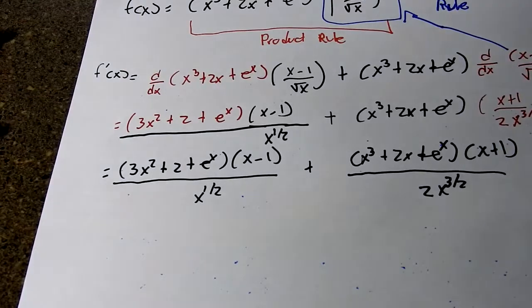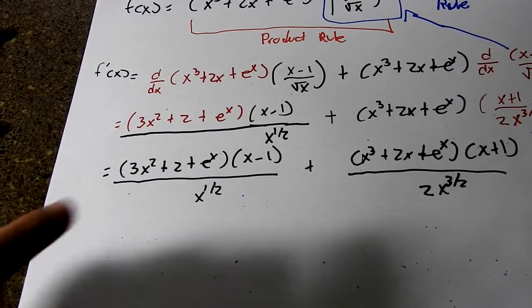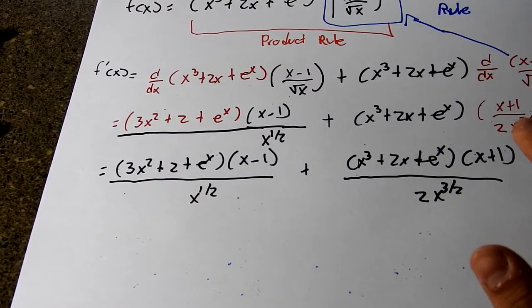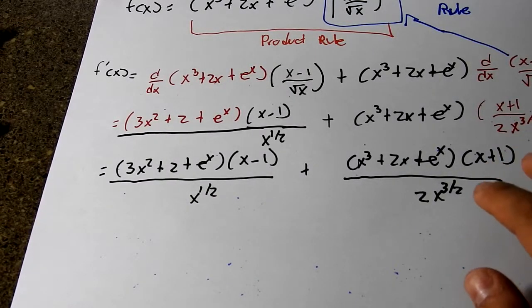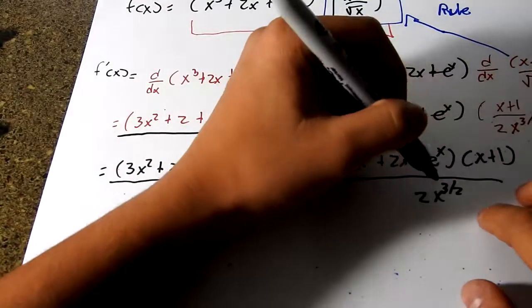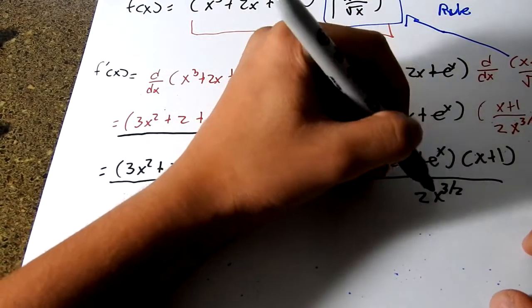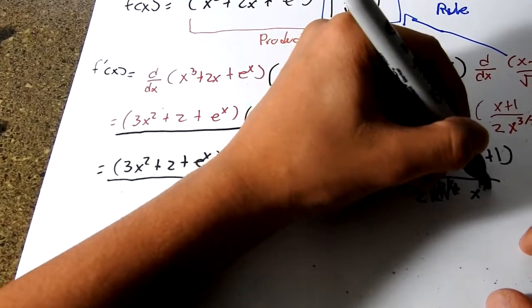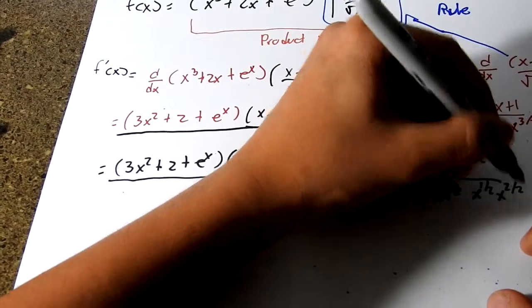So we're almost done. We have different denominators, so we're going to do the same process as last time. I can rewrite this x to the 3/2. I'm going to rewrite this as x 1/2 x 2/2.